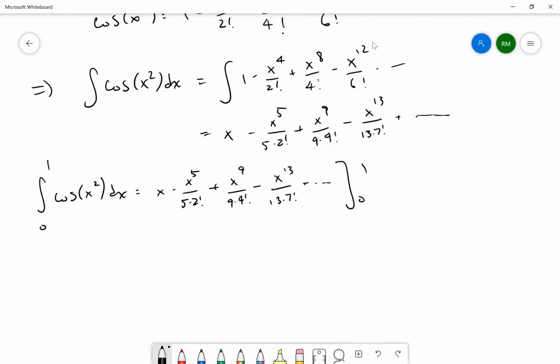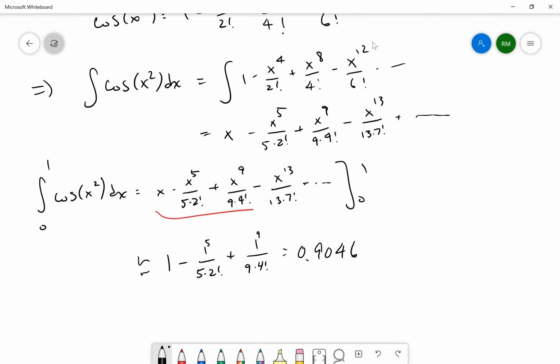And so I can use the first few terms to approximate it. I can use just these first 3 terms to approximate it. I get 1 minus 1 over 5 times 2 factorial plus 1 over 9 times 4 factorial. And this is equal to 0.9046. Now, this is an alternating series.